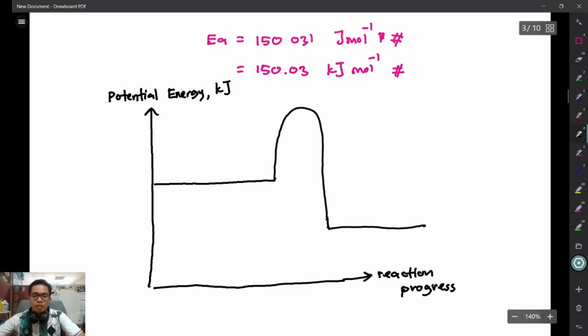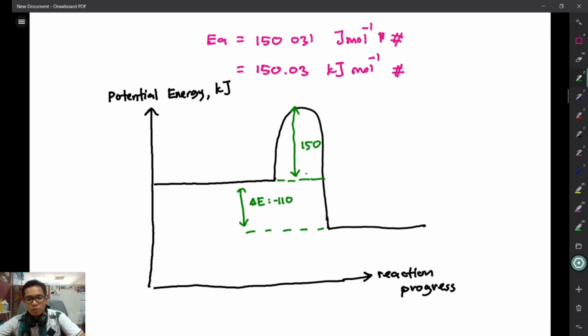So if your value for Ea is larger than delta H, make sure this part, your Ea, is bigger than your delta H. Delta H is negative 110 because of the exothermic reaction.